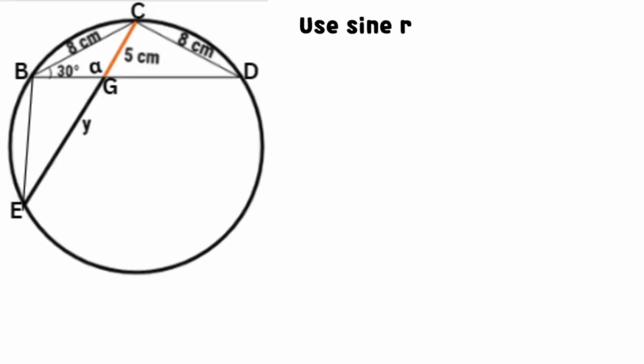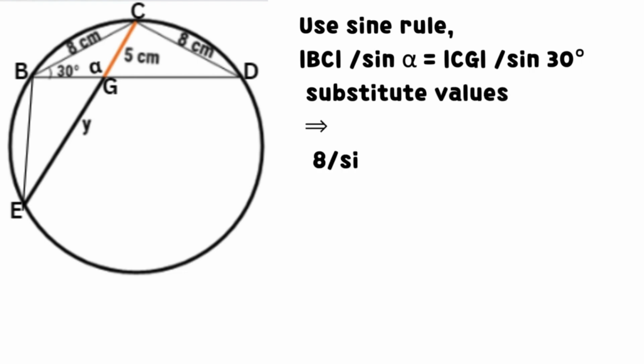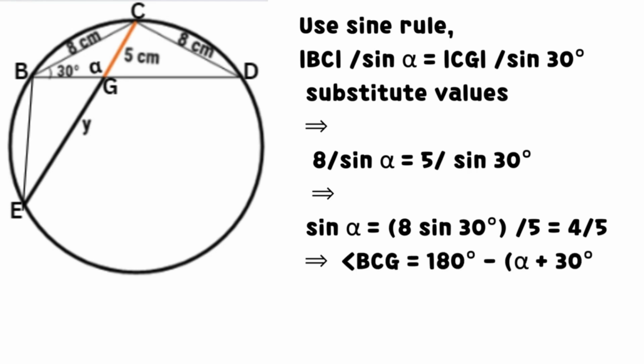Use sine rule. Line BC divided by sine alpha equals line CG divided by sine 30 degrees. Substitute values. It implies that 8 divided by sine alpha equals 5 divided by sine 30 degrees.